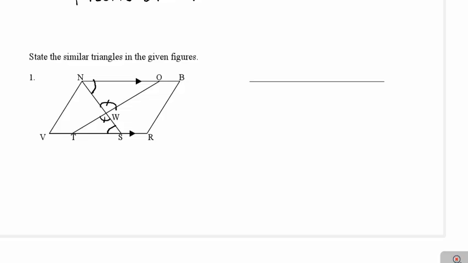Then we know that the vertical angles are congruent to each other, and therefore the last set of angles has to be congruent. When you go to write out the similar triangles, the order of the letters does matter. So it is important that you put the corresponding letters in order. If I call that first triangle, triangle NOW, it is similar to, angle N goes with angle S in the other triangle, angle O goes with angle T, and angle W goes with W. So that would be how you would write it. Triangle NOW is similar to triangle STW.